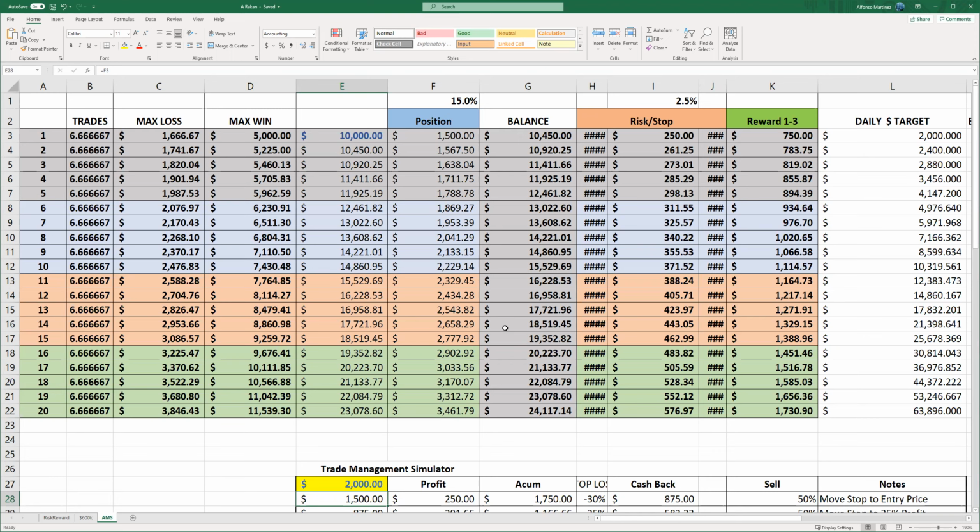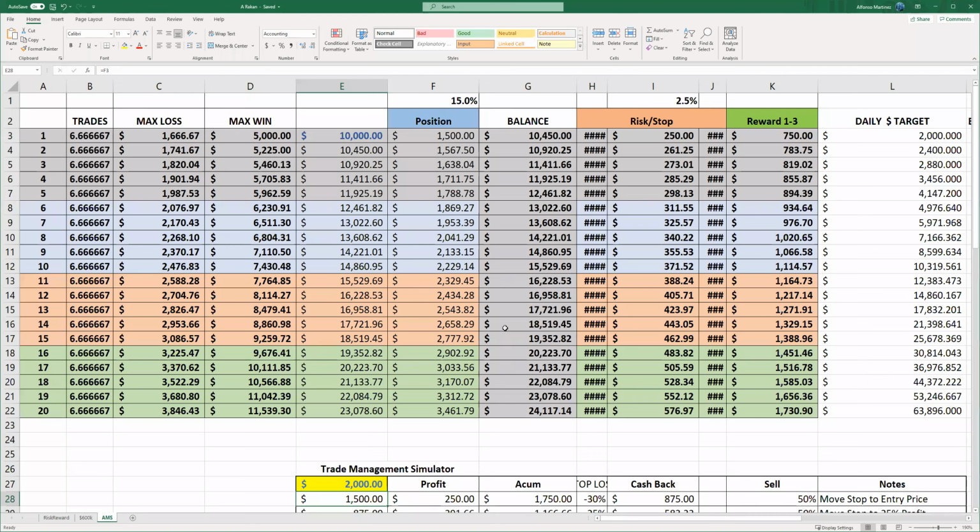Once you take your first 25%, you have to move your stops to entry price or a little bit below. You can move it 10% below. If you get stopped, you get stopped, period. Don't move your stops. Let it be like that.